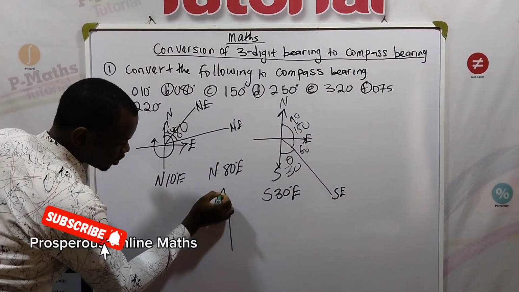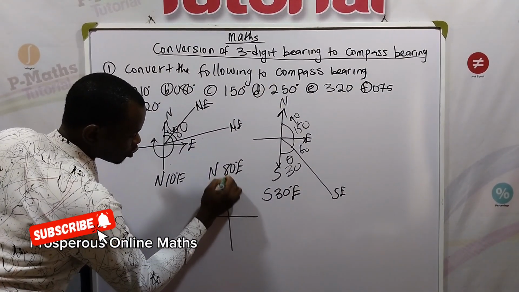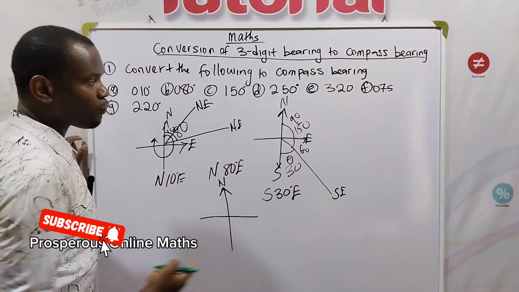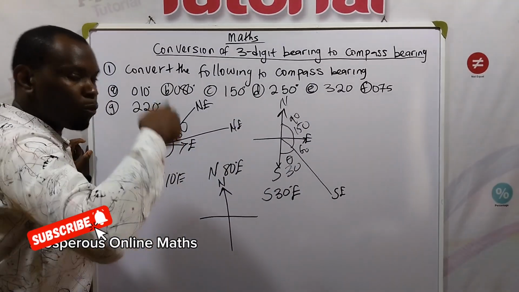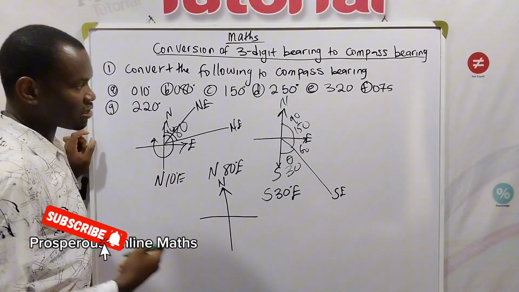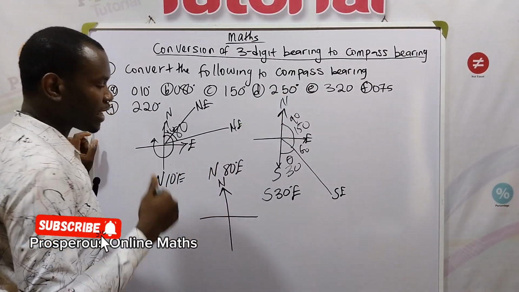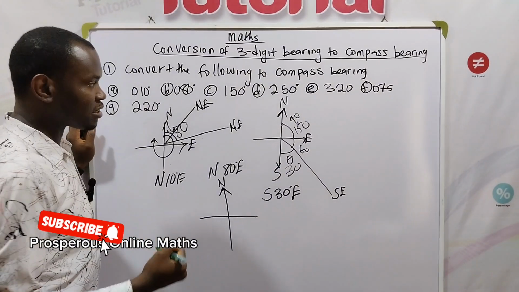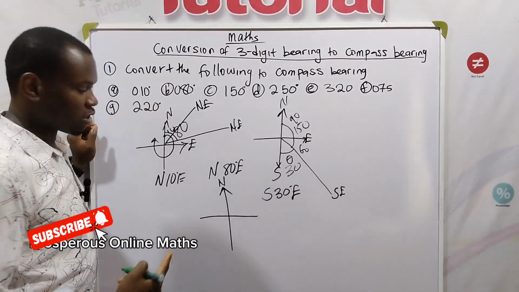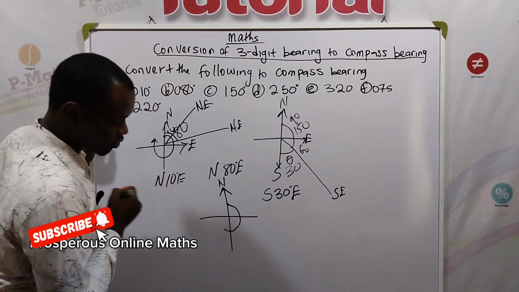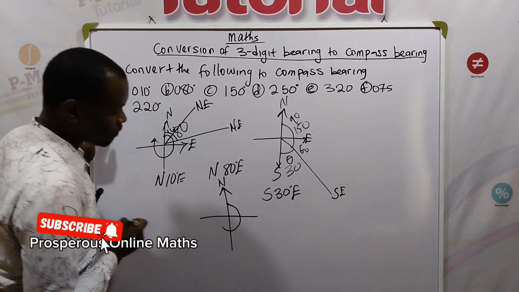Draw your cardinal points. This is our north pole. 250 is above 180 degrees but within 270 degrees. Therefore, this will be in the third quadrant. Remember, any angle that exceeds 180 enters the third quadrant. So moving from the north pole, I'll go this way to the third quadrant. All right, I'll stop somewhere here.